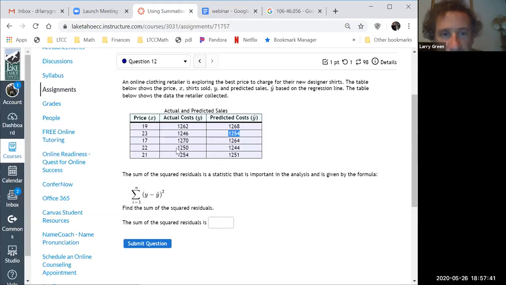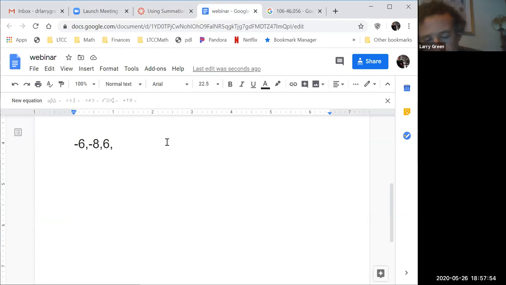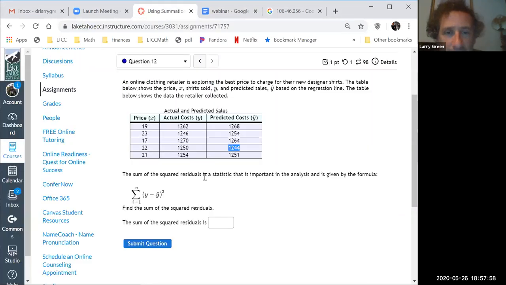Then 1250 minus 1244, and that is equal to 6. Okay, then we have 1254 minus 1251, and that's 3.